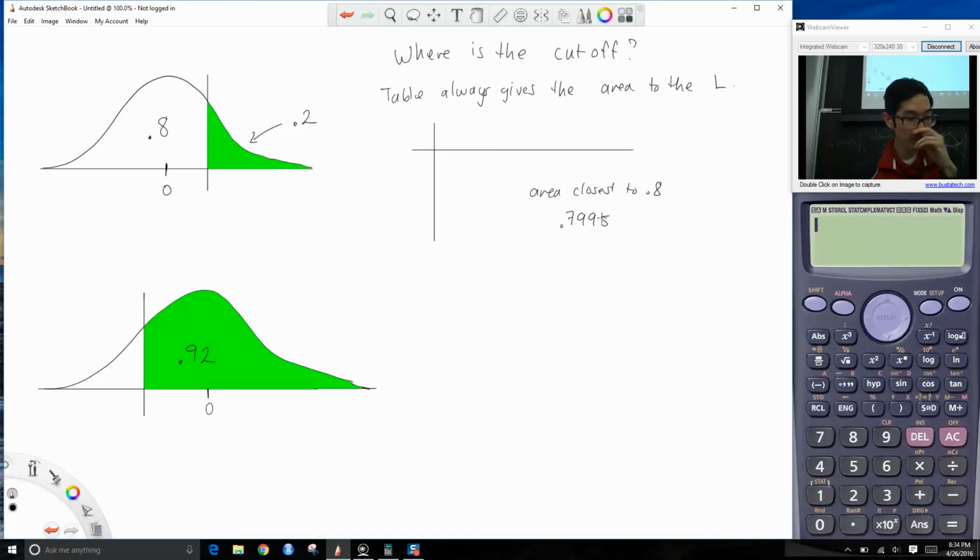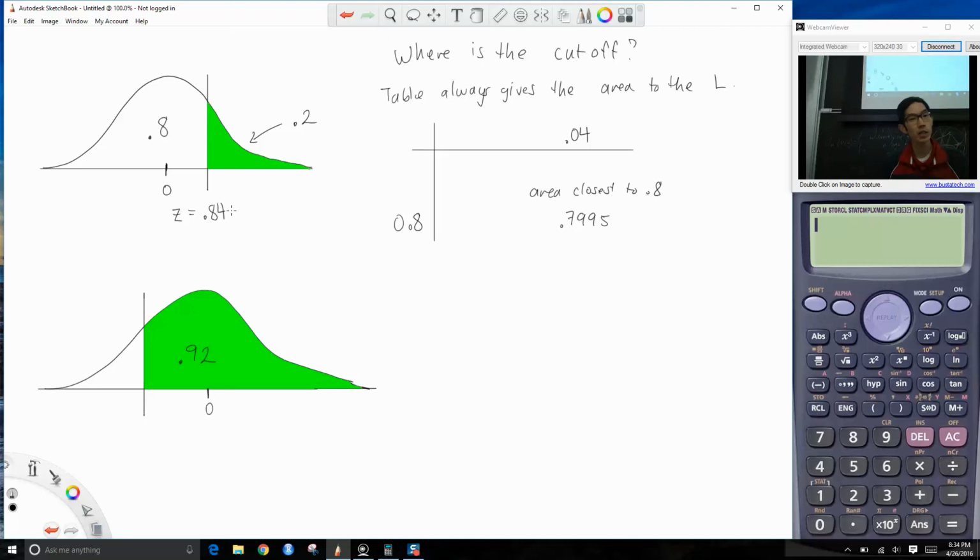There are other values that are close, but 0.7995 is the closest to 0.8. Okay? And so 0.7995 corresponds to the row 0.8 and the column 0.04. Okay? And so that means our cutoff is at z equal to 0.84. Is that okay?